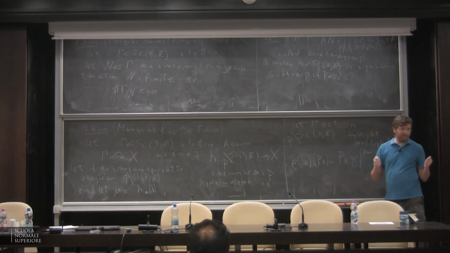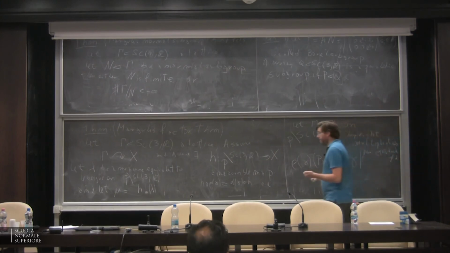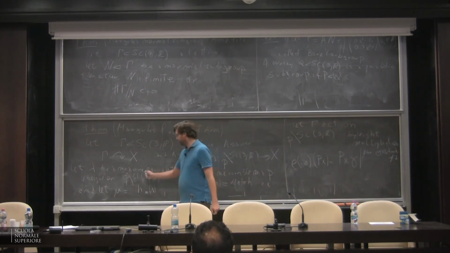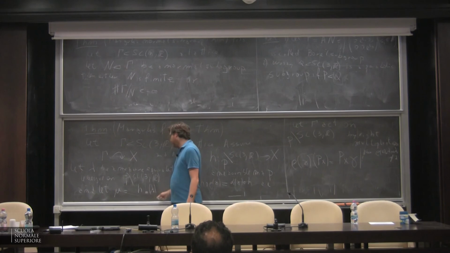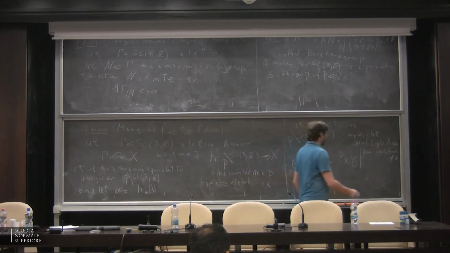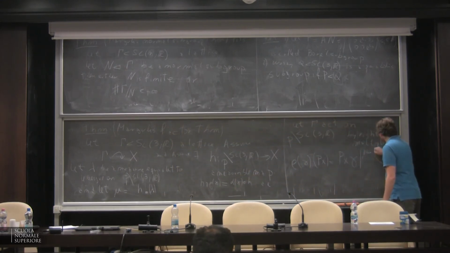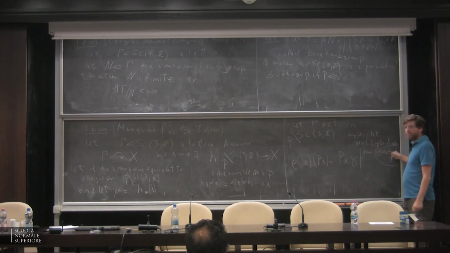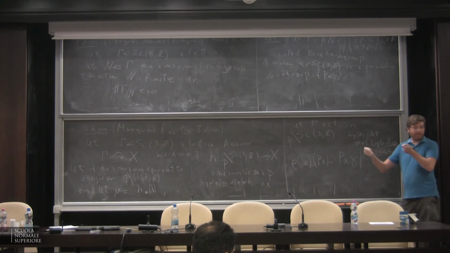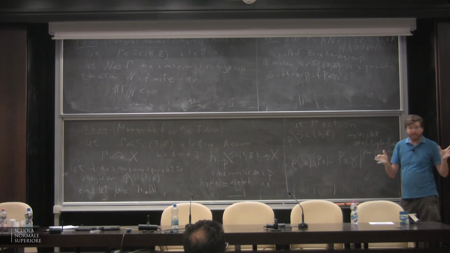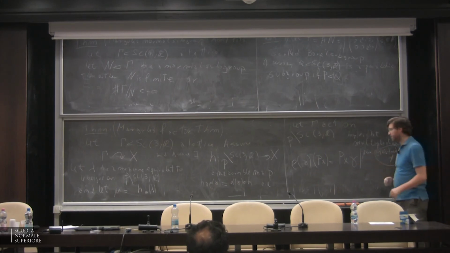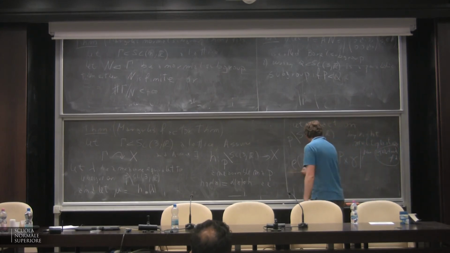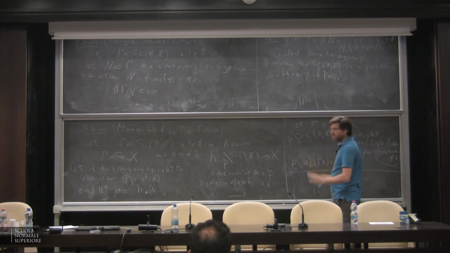To say something almost everywhere, I really need this equivalence, that rho gamma star lambda be equivalent to lambda. Because if not, I can send a set of full measure to a set of zero measure, and it will be a disaster. So you see it's a lot of hypotheses, but it's just measurable dynamics.